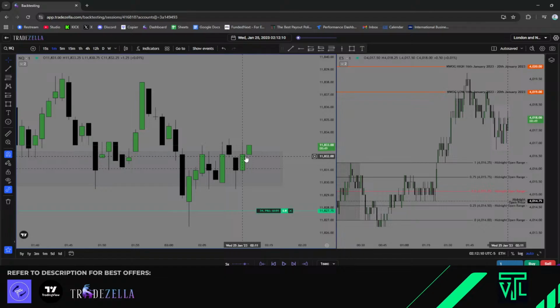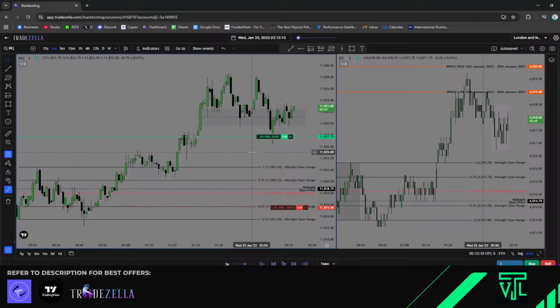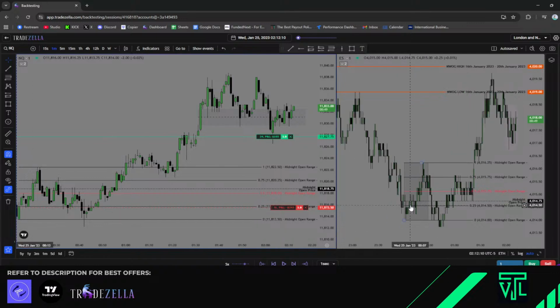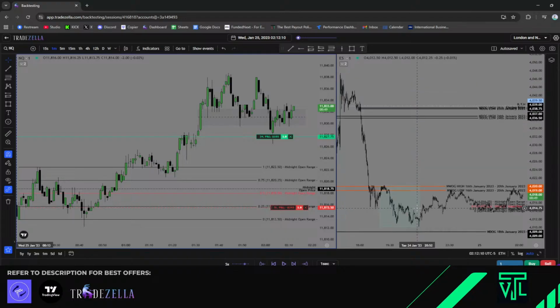Can you clear a little about liquidity? So liquidity is basically money or orders. And the highest amount of orders or money that the market will get once it gets to a price level are usually the previous lows and previous highs, because there are people who have gone short from there.